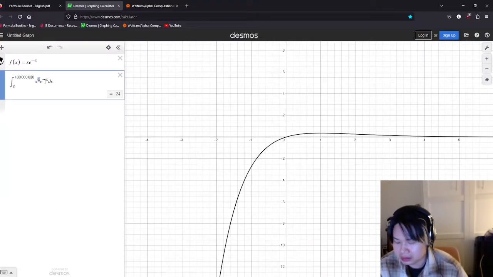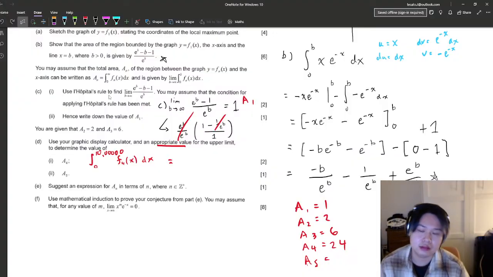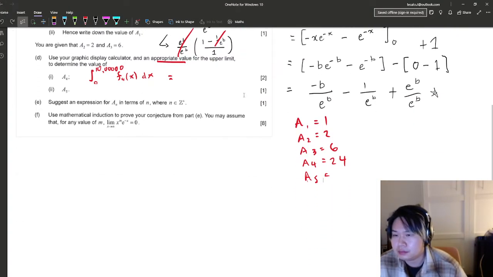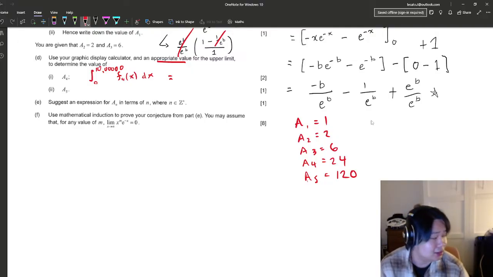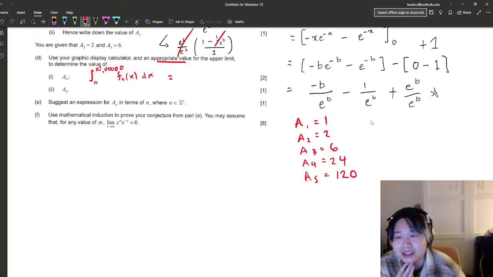So this changes to a 5, and then I get 120. And then there should be a pattern. It is too late for me to see it right away, but we're going to suggest an expression for an in terms of n.